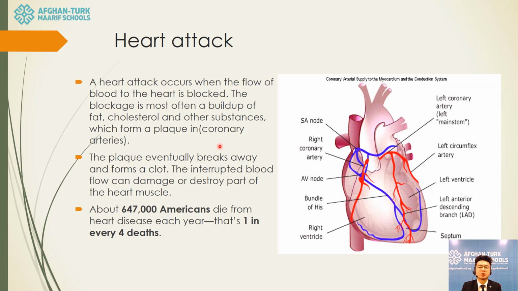The plaque eventually breaks away and forms a clot, which interrupts the blood flow and can damage and destroy parts of our heart muscle. Every year about 647,000 Americans die because of heart disease. It means one of every 4 deaths in America is because of heart attack.